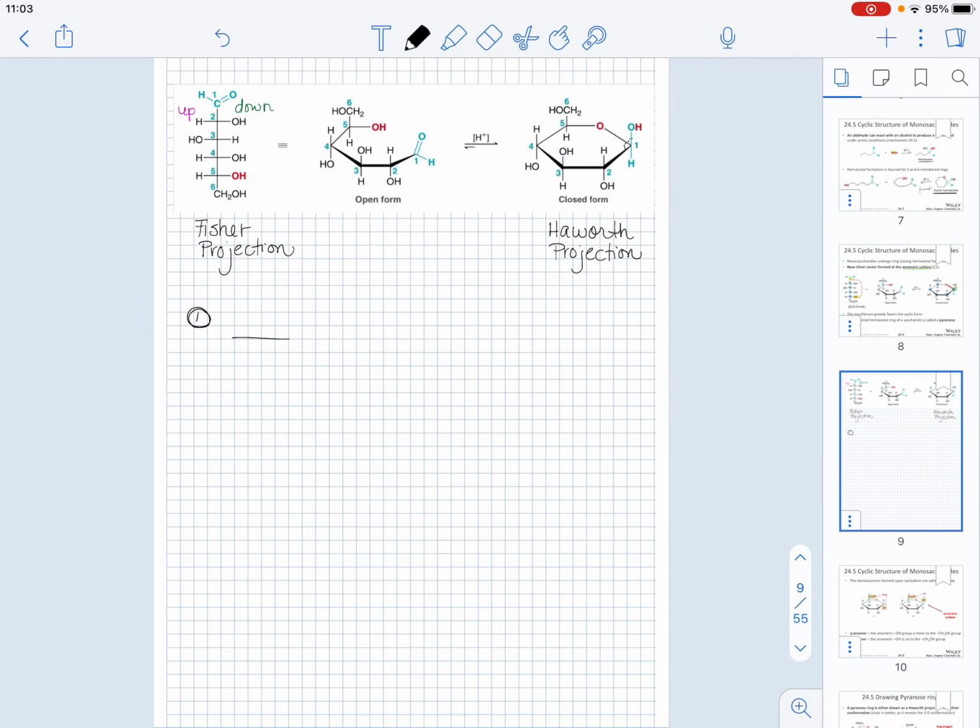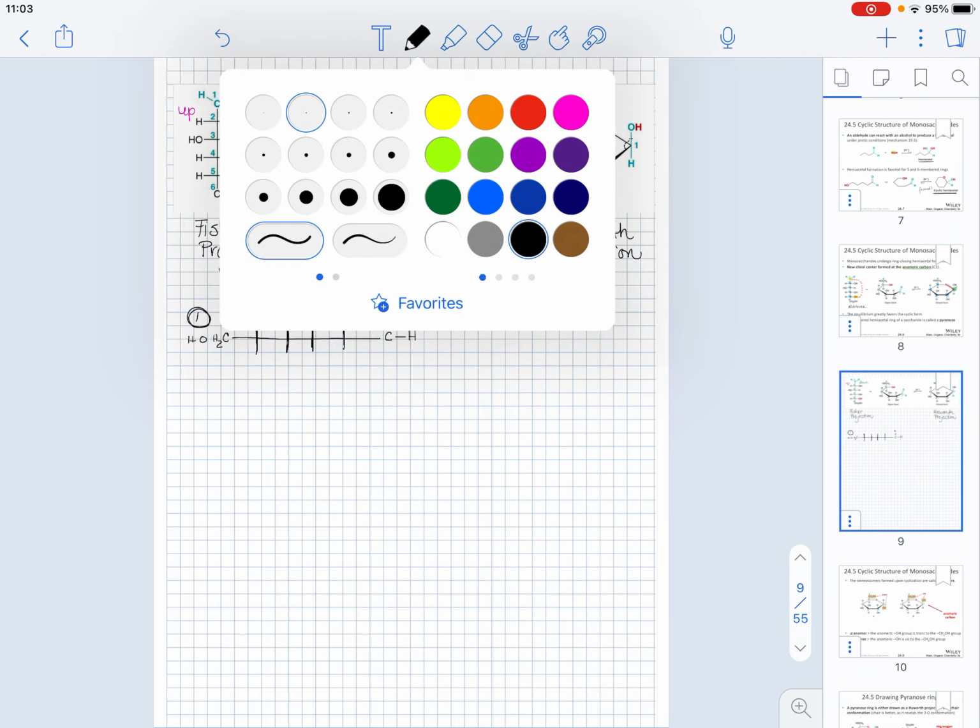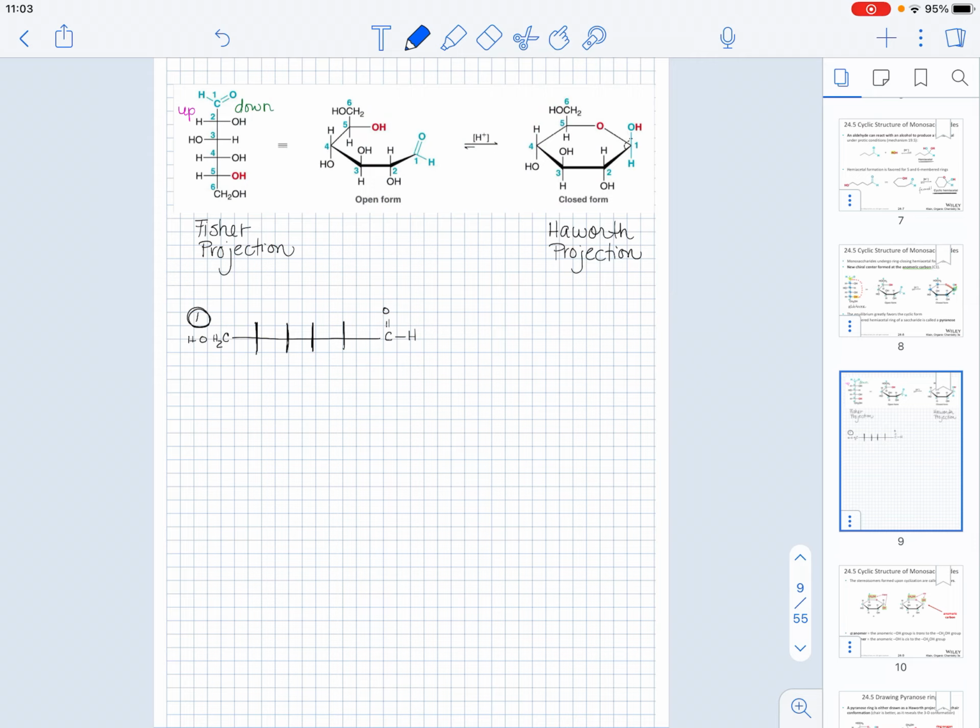If I take my monosaccharide, here is where I have my aldehyde, and here is where I have my CH2OH. In the middle, I'm going to have 1, 2, 3, 4. And I'm just going to keep the numbering the same, where the carbonyl carbon is number 1, then in the middle I have carbon 2, carbon 3, carbon 4, carbon 5, and carbon 6.